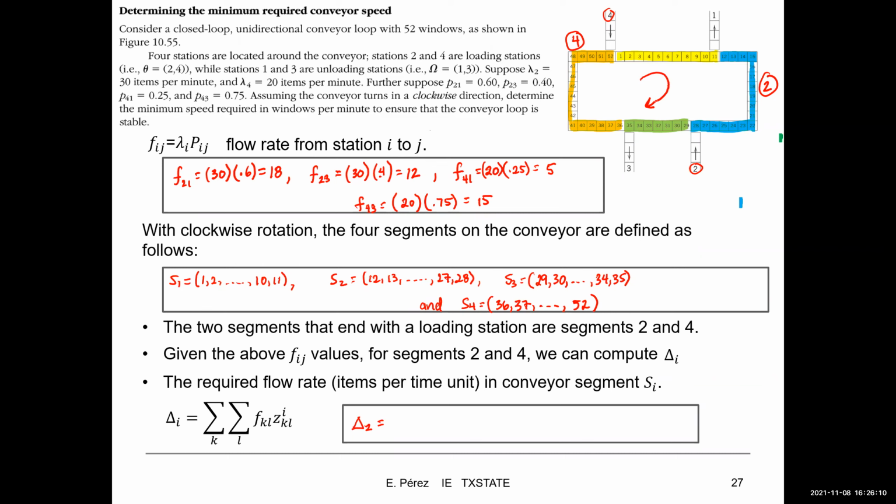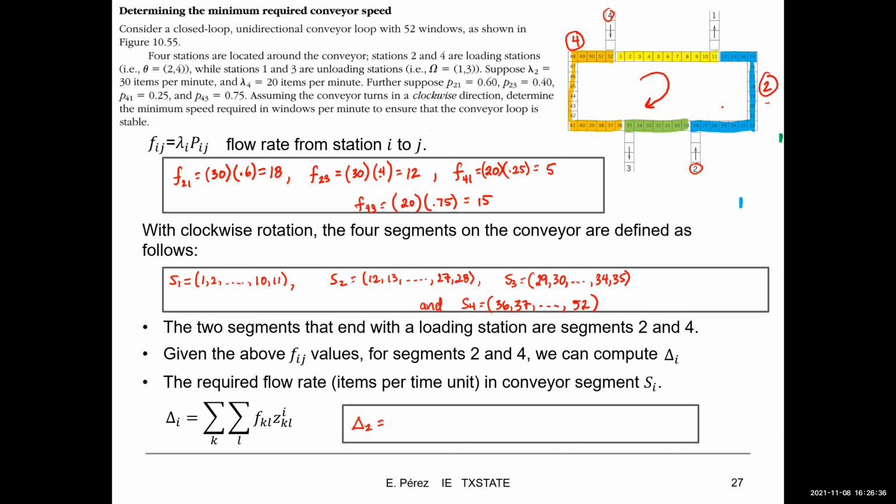I equals 2, and the flow between K and L, that would be segment 2. It's this one.